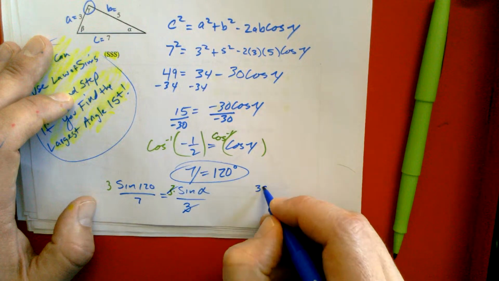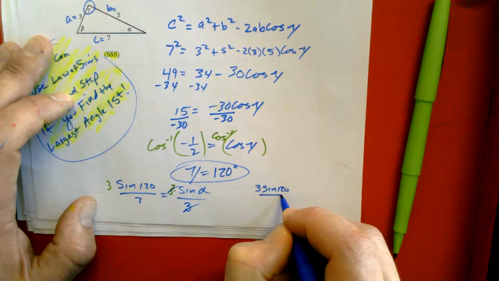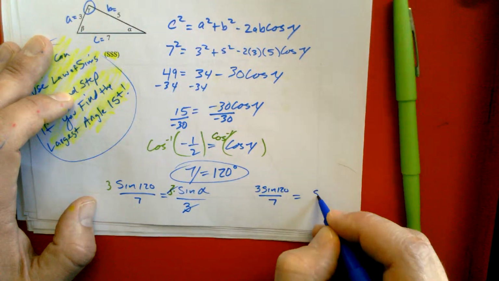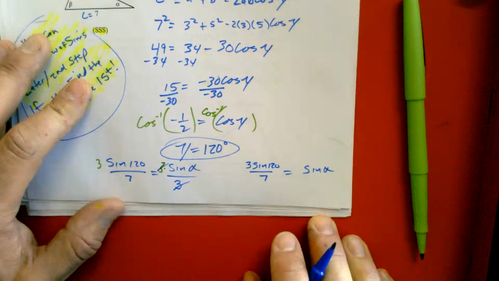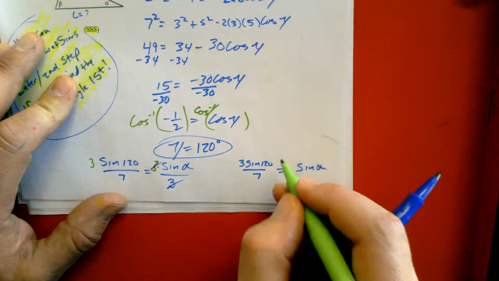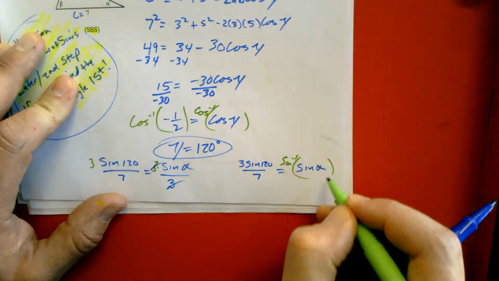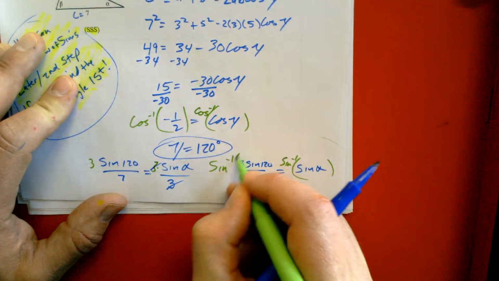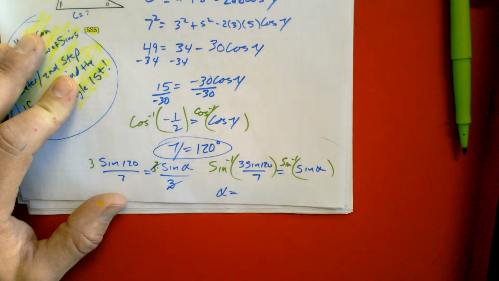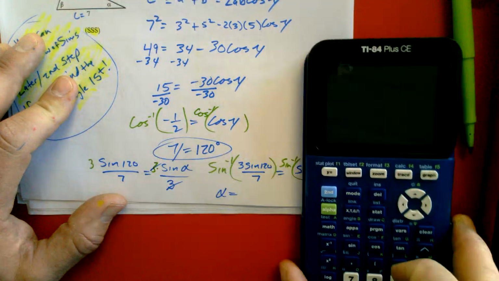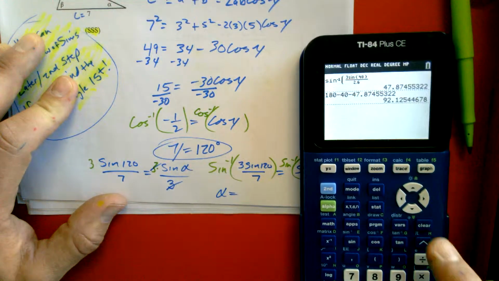And now I've got 3 sine of 120 over 7 equals the sine of alpha. And now my last step, go ahead and inverse sine both sides. And plug it in. Go ahead and plug that in.